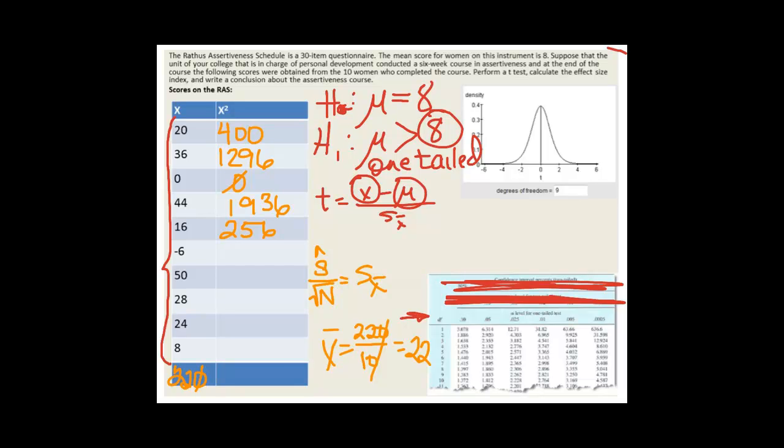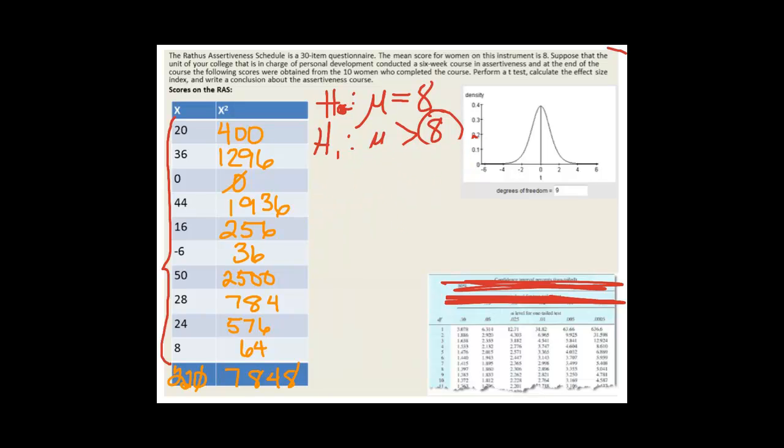Remember, anytime you have a negative value and you square it, it gets rid of that negative. 50 times 50 is 2500. 28 times 28 is 784. 24 squared is 576, and 8 squared is 64. Add all those up and you get 7848.